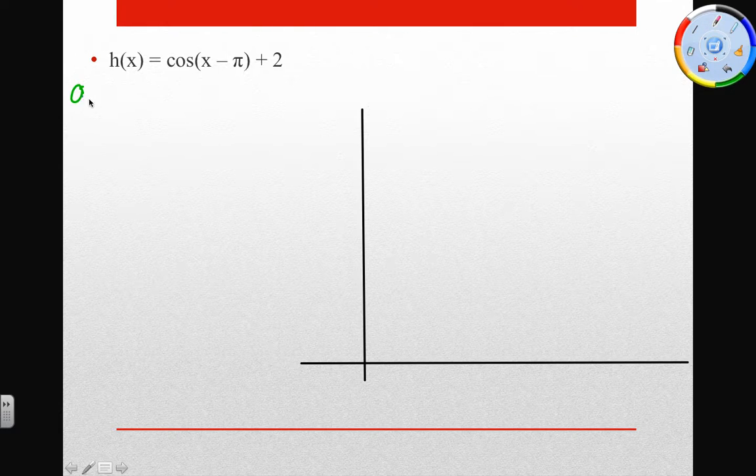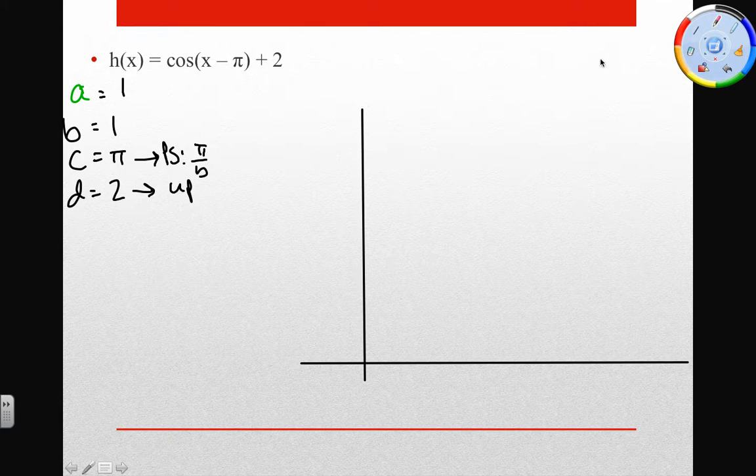Okay, A, oops, I don't want green here, is 1. B is 1, C is pi, D is 2. So this is an up 2 units. This tells me phase shift is C over B. Oops, not B, we have a B. Pi over 1.